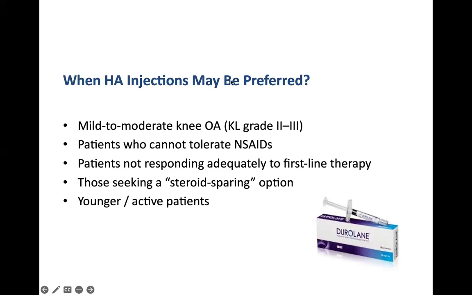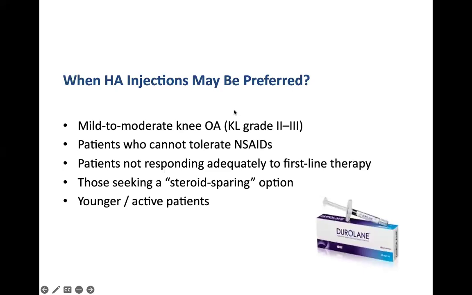Usually we combine them. Both answers are right. You combine them when you have a flare and you want immediate relief. The steroid will give a good relief at the beginning, but in most cases the steroid will give a short-term effect, 4 to 6 weeks maximum. Not in all patients, but in some patients they have just short-term relief.